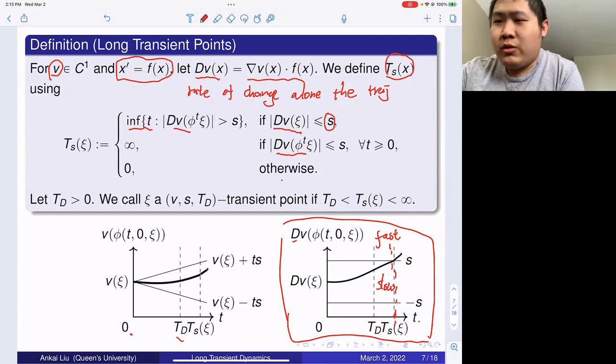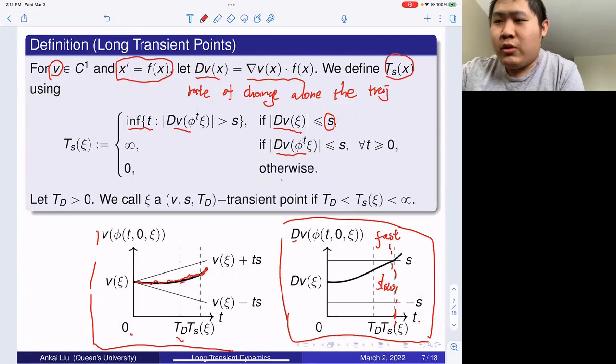I sometimes think about it as the hitting time. It's the time it hits the fast region, and of course we can look at this V along the trajectory. You can see that before T_S, the V is acting kind of stable, but once it reaches T_S, the trajectory enters the fast region, and you can see the slope becomes quite steep, and then we no longer consider it to be stable.